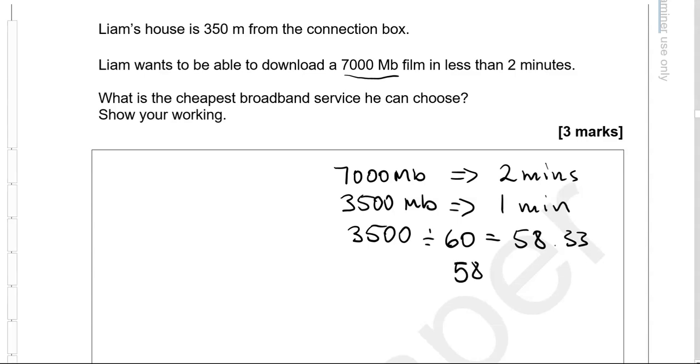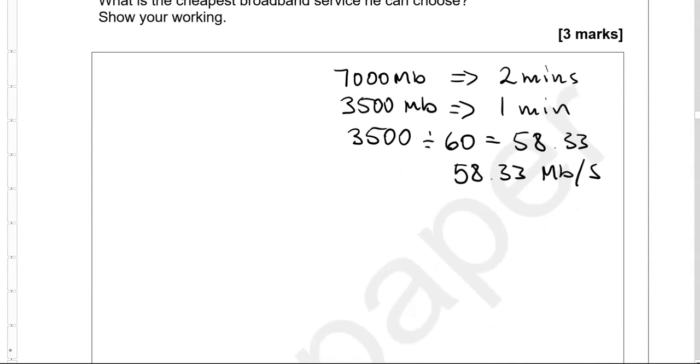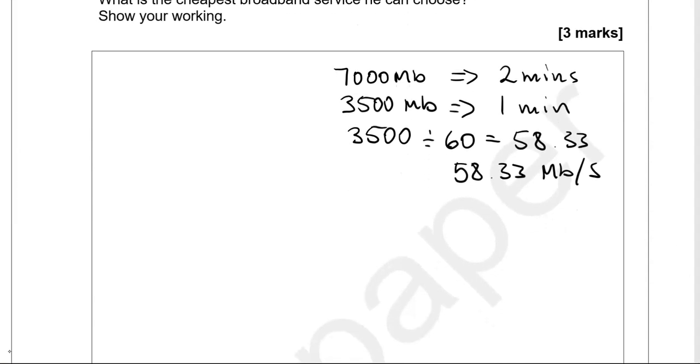So this is 58.33 megabits per second required. However, as speeds are overinflated when advertised, this means that this is only 85% of the advertised speed.